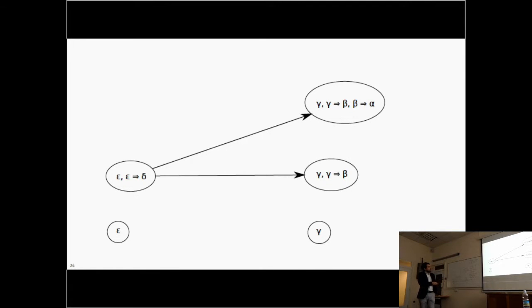Here you have gamma alone, gamma implies beta, beta implies alpha. And here you have eta implies delta, and epsilon implies delta. And because delta is contradicting beta, then you have this unidirectional type of attack.